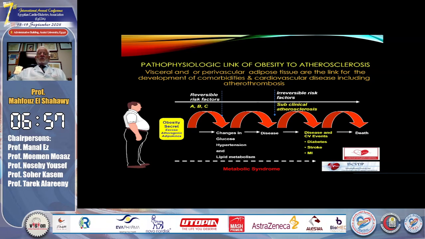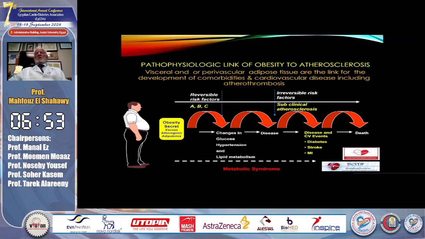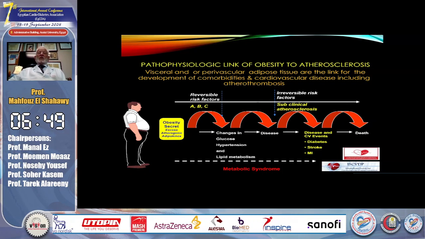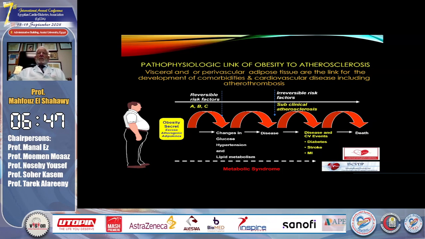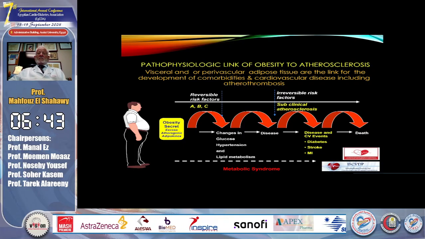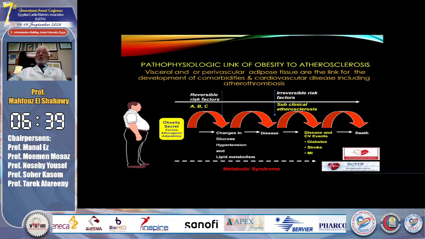Now, a picture again here, good, staging the cardio-kidney metabolic syndrome. If you have nothing to the left, then you are just stage 0. If you are overweight or obese, but no hypertension or hyperglycemia or dyslipidemia, then you are stage 1. Once you have these risk factors, you are stage 2.